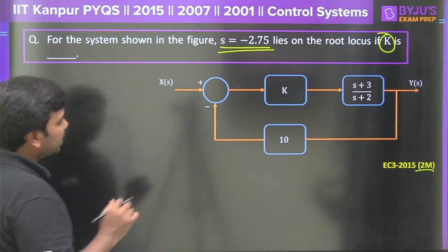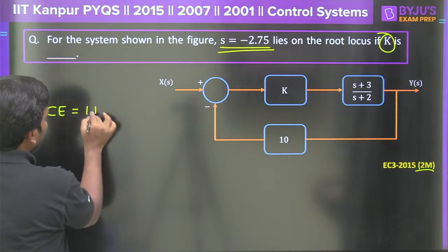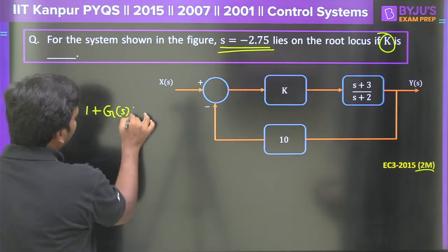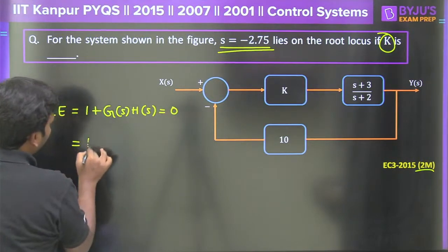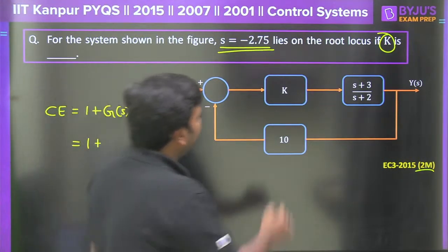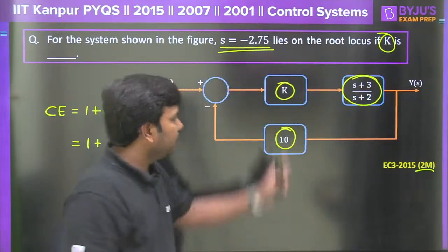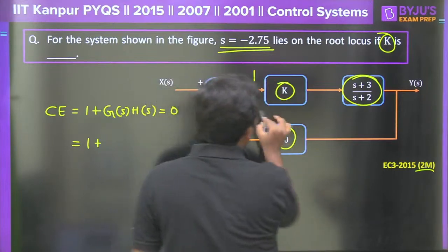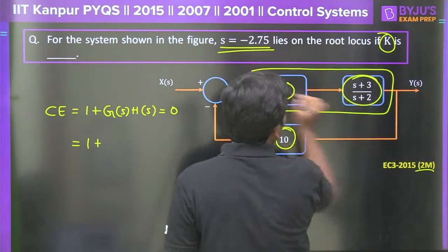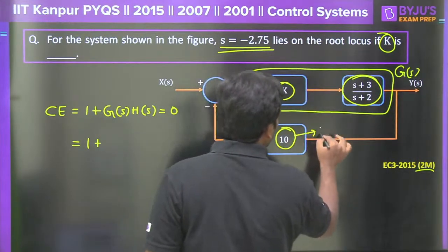First of all, whenever you get this, get the characteristic equation, which is 1 plus g of s into h of s equal to 0. So what is this one? 1 plus K into s plus 3 divided by s plus 2, all put together, is considered as g of s, and h of s is equal to 10 here.